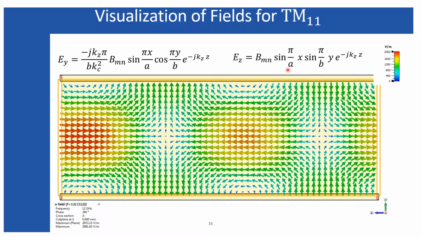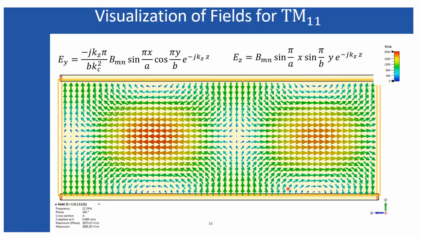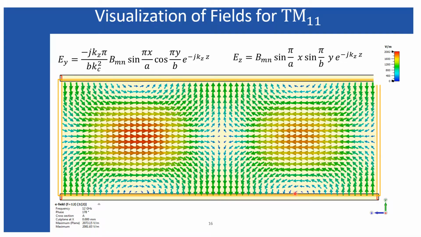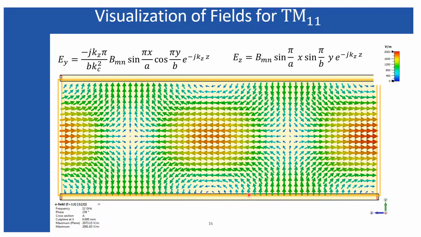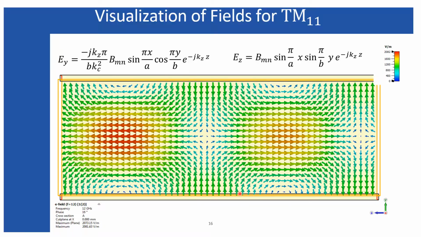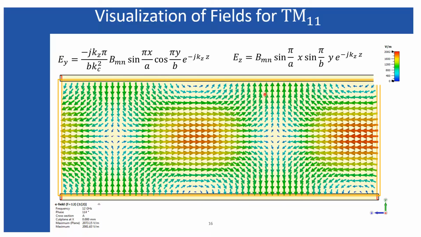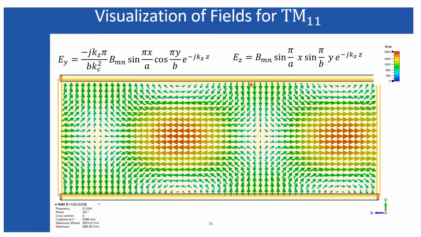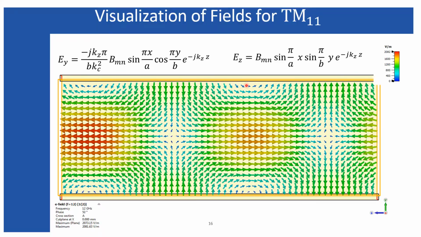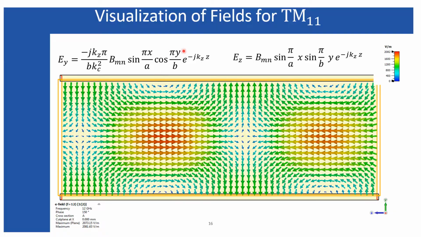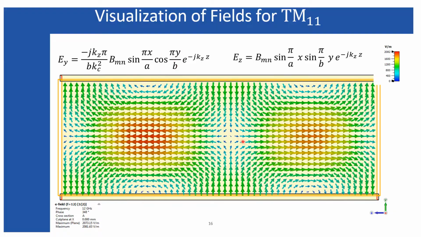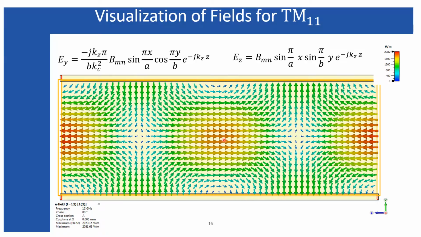But the ez component is 0 on both sides. So the rotation at y equals 0 is clockwise, while at y equals b it is counterclockwise. There are similar situations I have shown in my last slide, and that is due to this cos factor. And as you move to the middle portion, you can see that this rotation gets cancelled.